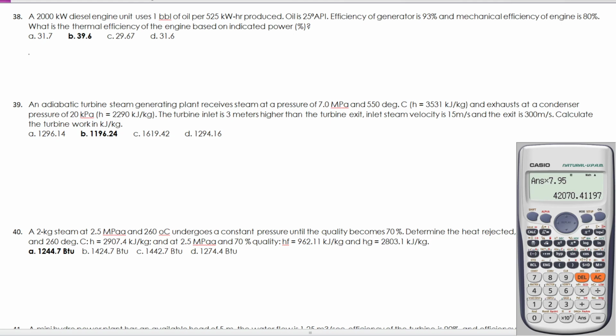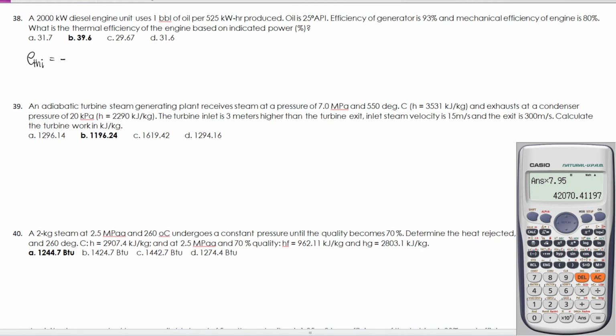So dito ang hinahanap is thermal efficiency on indicated power. Okay? So, nilagyan natin ng subscript na I to specify na yung thermal efficiency nga na ating kukuhanin is based on indicated power. So, ang thermal efficiency is ganun pa rin. That is work net output over heat input.